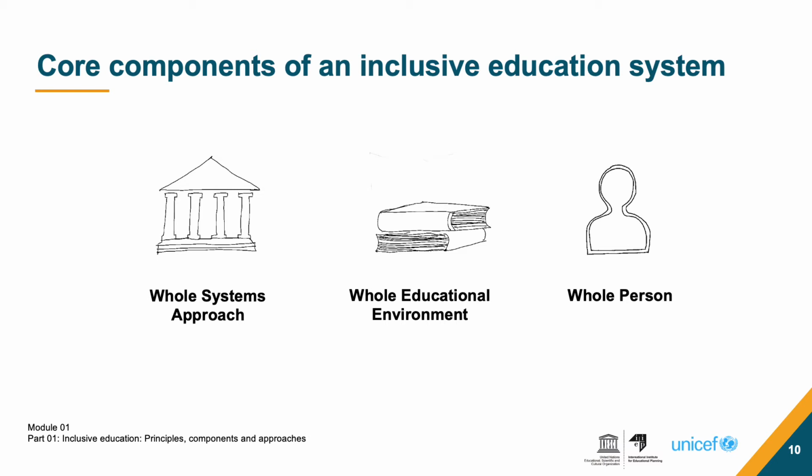This approach implies the provision of support and reasonable accommodation and early intervention so that they are able to fulfill their potential. Ultimately, inclusive education is about providing a personalized educational response rather than expecting the student to fit the system.